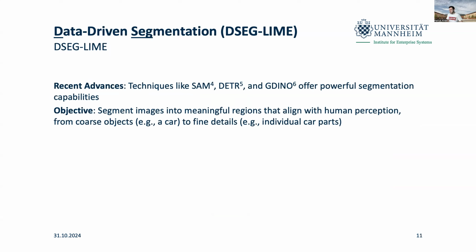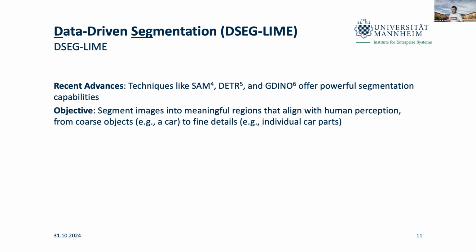Data-driven segmentation, that's the name of our method. Our motivation is that thanks to recent advances like techniques such as Segment Anything, DETR, Grounding DINO, and way more segmentation techniques, they offer powerful segmentation capabilities that now span multiple domains like imaging data, daily data like traffic control data, whatever.